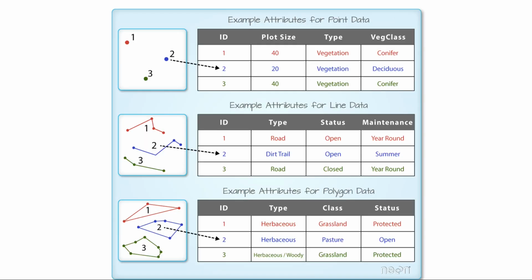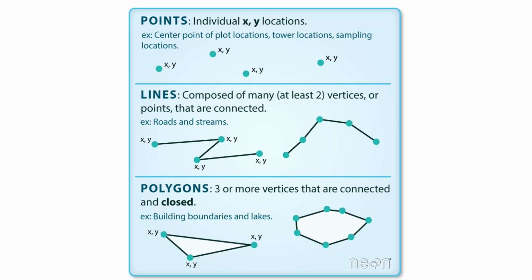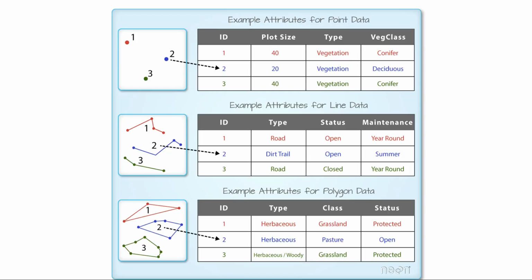And each data type has an embedded attribute table. For instance, we have 3 points, red, blue, and green. Each one has a unique ID, and each one has data that can be collected from the field.